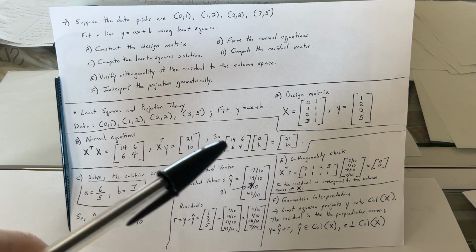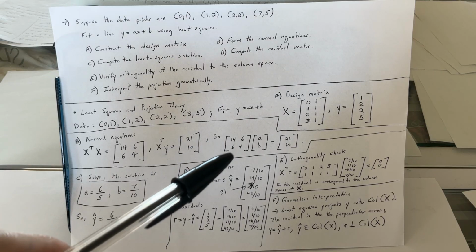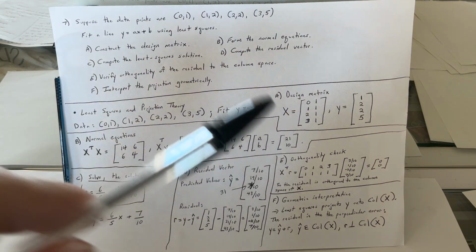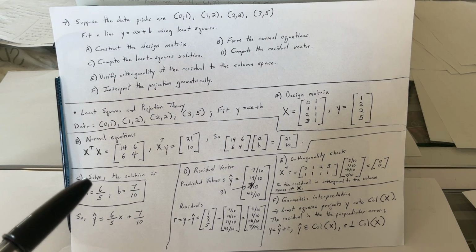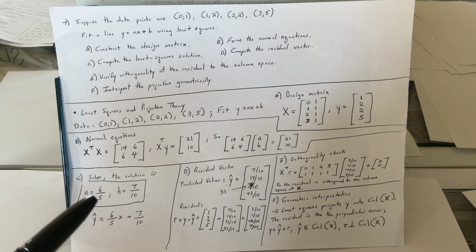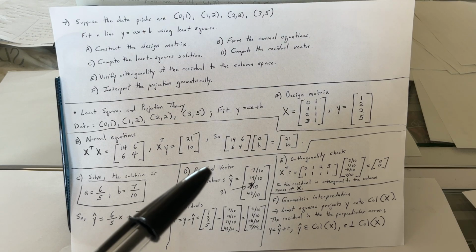So if we perform the multiplication, set up [[14,6],[6,4]] times the column a, b, set equal to the column 21, 10. Solving for this, the solution comes out to a is 6/5, b is 7/10. So y hat is 6/5 x plus 7/10.